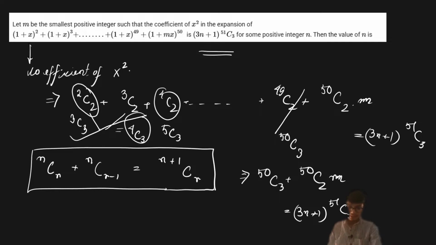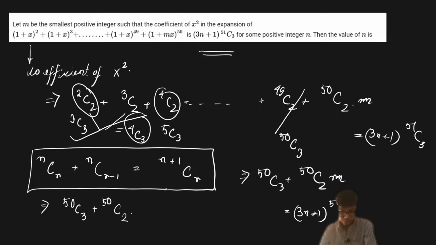Now if I expand it further and try to simplify it, I can write this expression as 50C3 plus 50C2 times m. Now I want to transform this into one particular variable so that I am able to take it out as common.